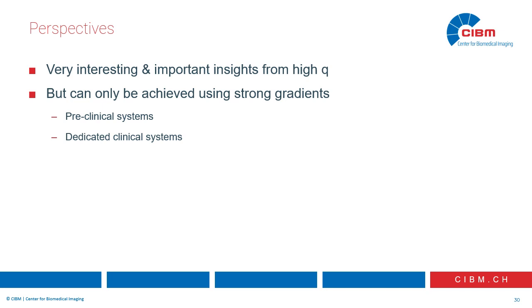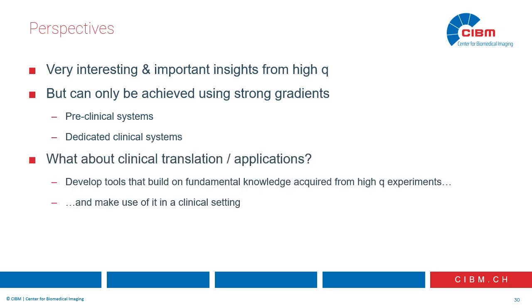So unless there is really an improvement in gradient performance for widespread clinical systems, we really need to think about how these experiments can change the game also for clinical applications. And I think one of the main challenges for us is now to develop tools that build on the fundamental knowledge that we've acquired from high-Q experiments and actually make use of it in a clinical setting.